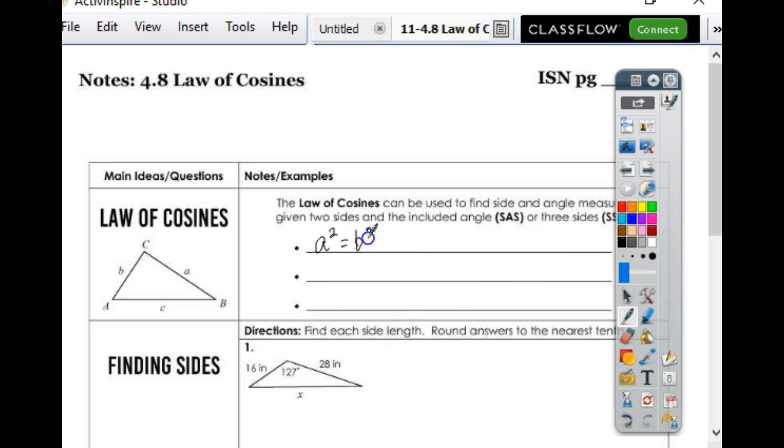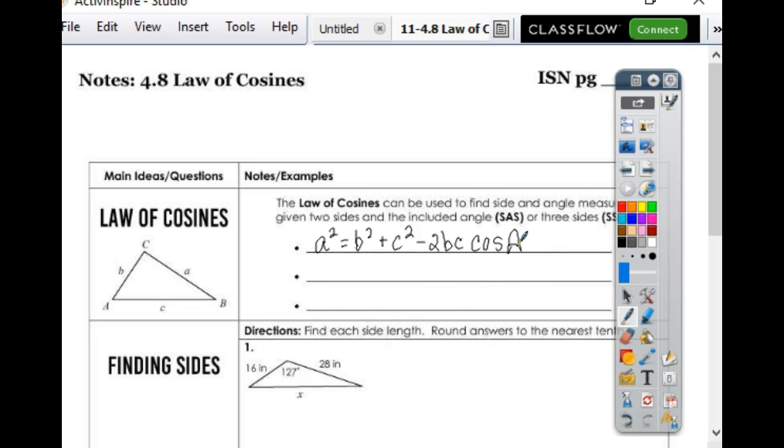So b squared plus c squared minus 2 times b and c, the two that are there already. And I'm going to take the cosine of whatever angle matches on the other side. So this time it would be cosine of A.